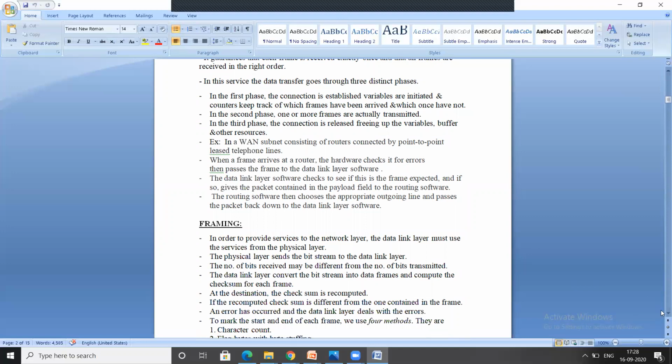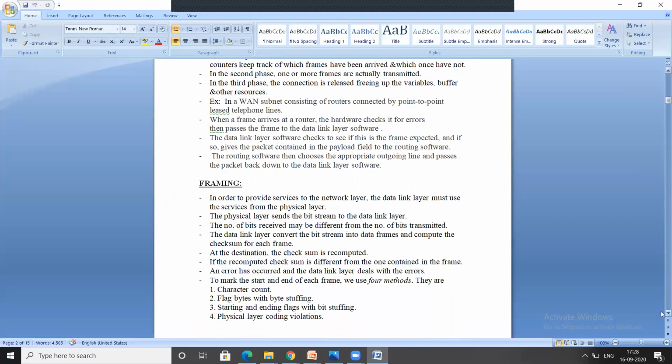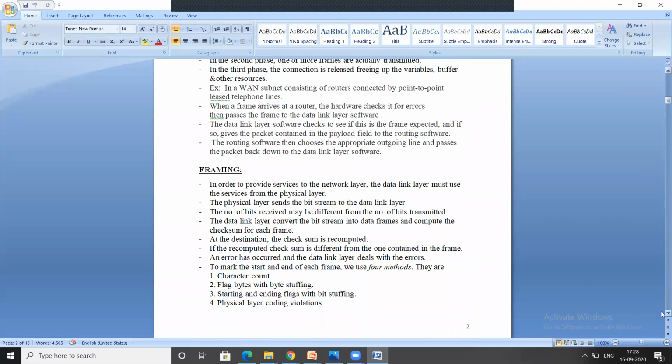Now we are moving to the next topic, that is framing technique. Coming to the framing technique, I already told you that framing is the major responsibility of the data link layer.